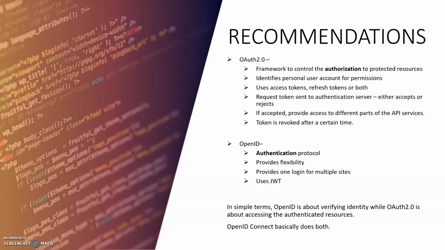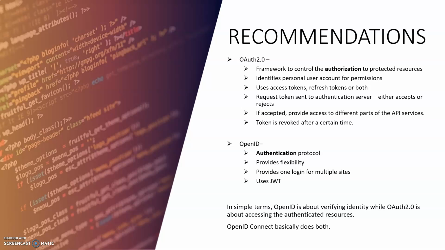Before we go into the demo, a few recommendations here. So OAuth 2.0. OAuth 2.0 is essentially a framework for authorizing to grant access to a set of resources, or something like providing permissions to the user.